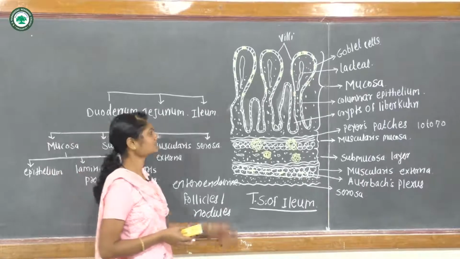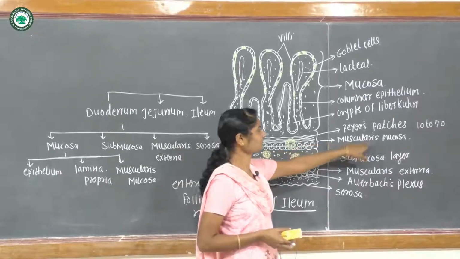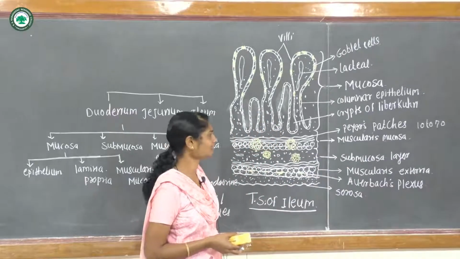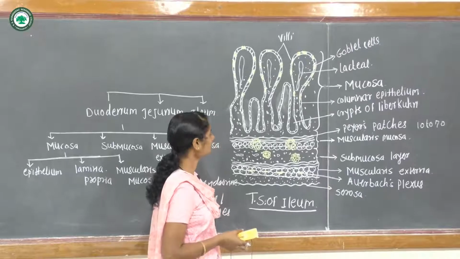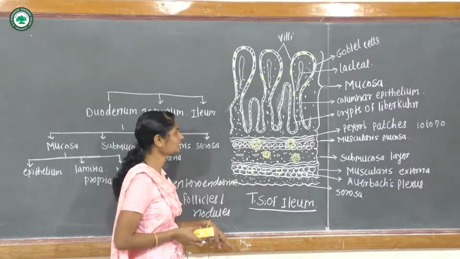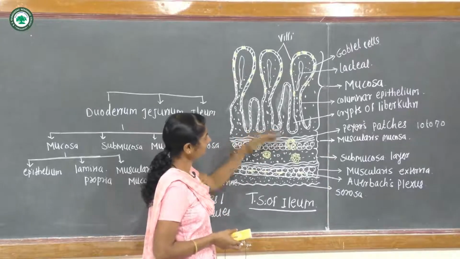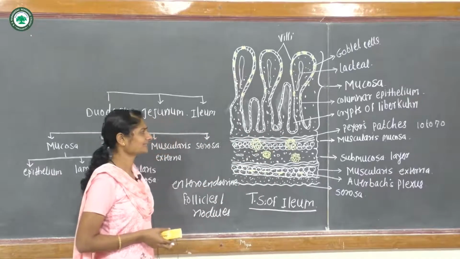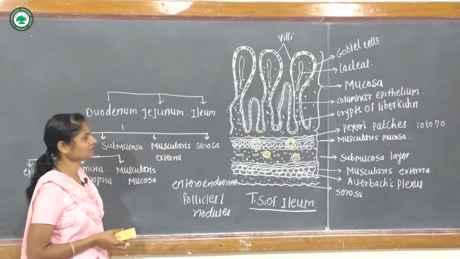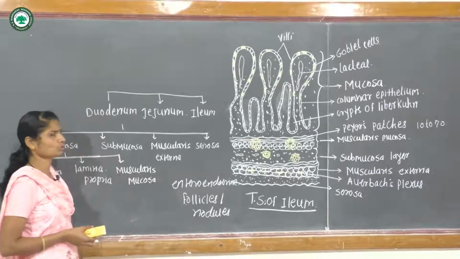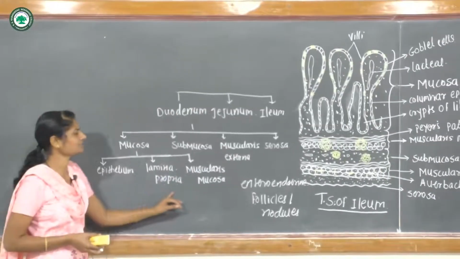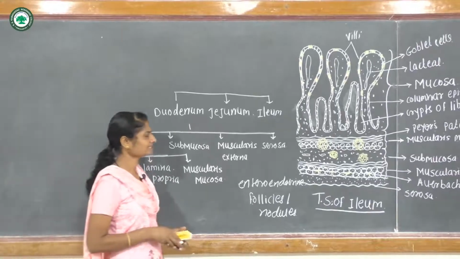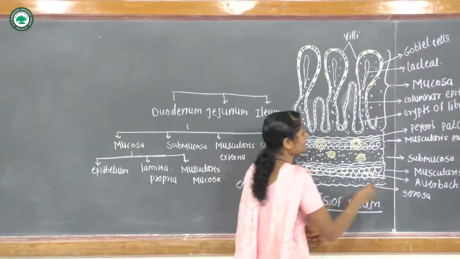Next layer is Muscularis mucosa layer. It is a thin layer of smooth muscle fibers. It mainly consists of two types of smooth muscle, the inner circular muscle and outer longitudinal muscle, present in the Muscularis mucosa. These three layers together form the mucosa layer. Next layer is submucosa layer.